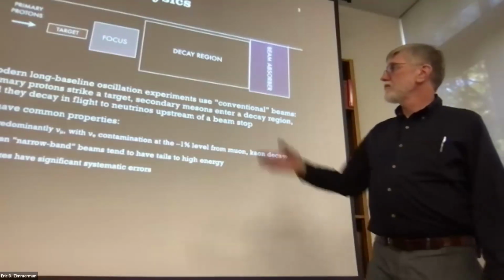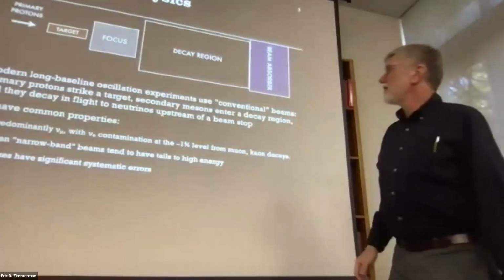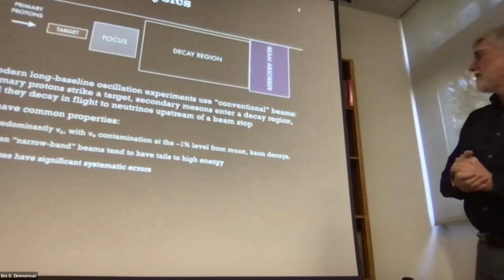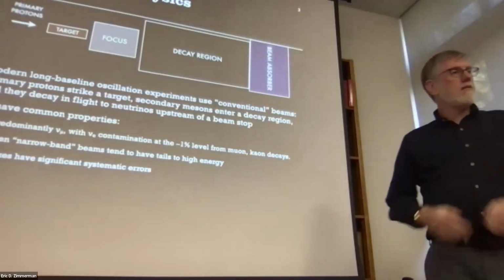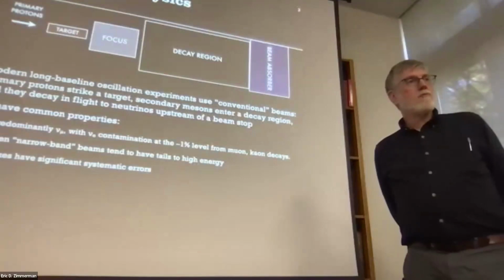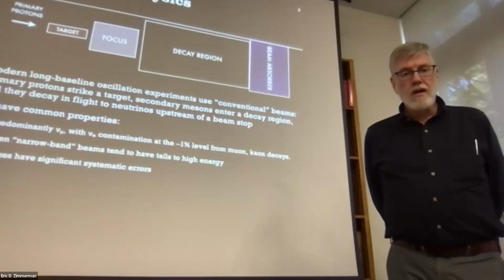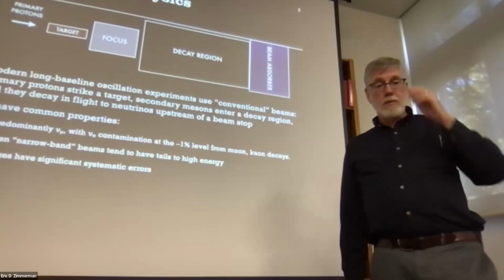Primary protons here strike a target. Secondary mesons are produced in that target. They're focused by magnetic fields, and then they enter a decay region, and decay in flight to neutrinos upstream of the beamstop. And of course, the neutrinos continue through the beamstop. All these types of beams tend to have common properties.